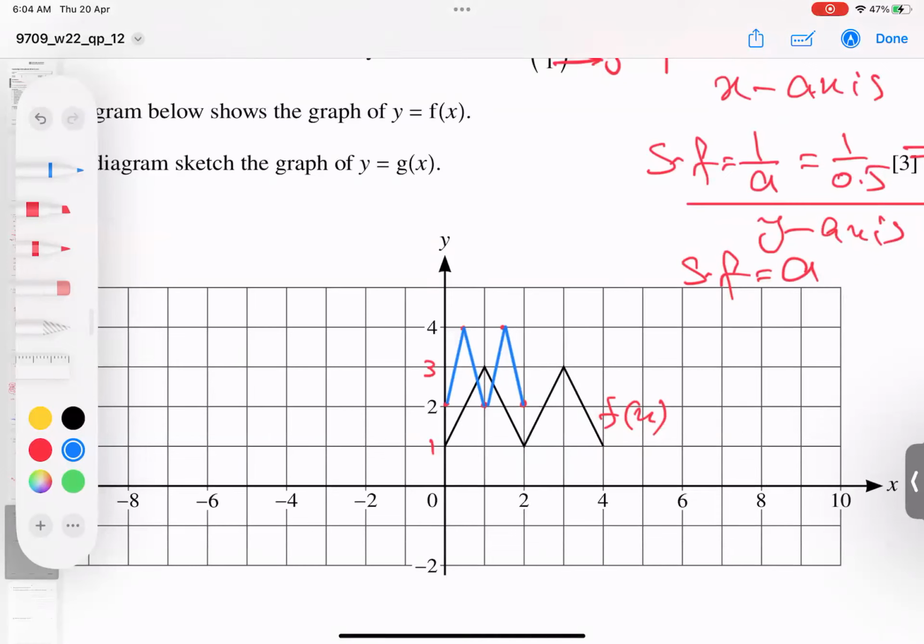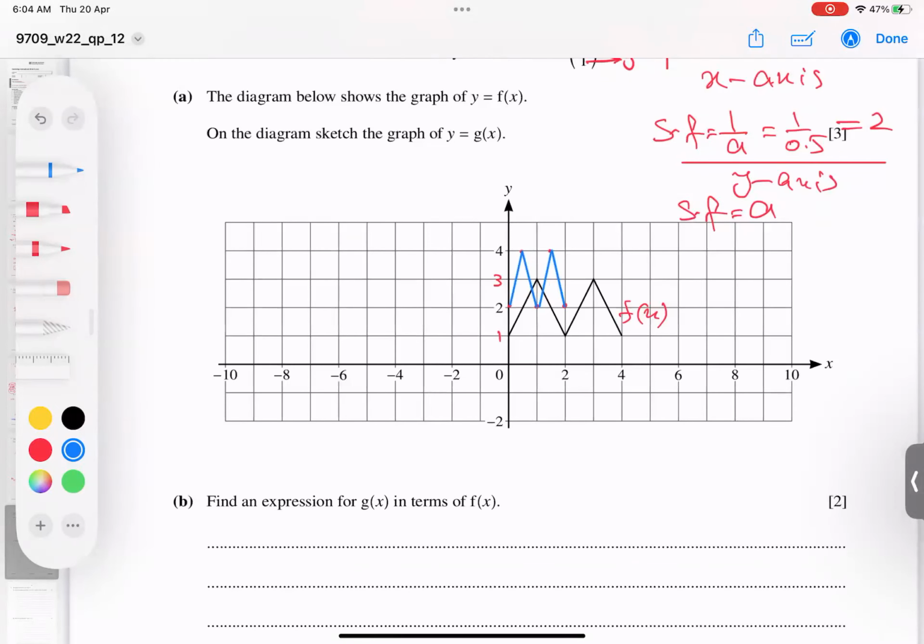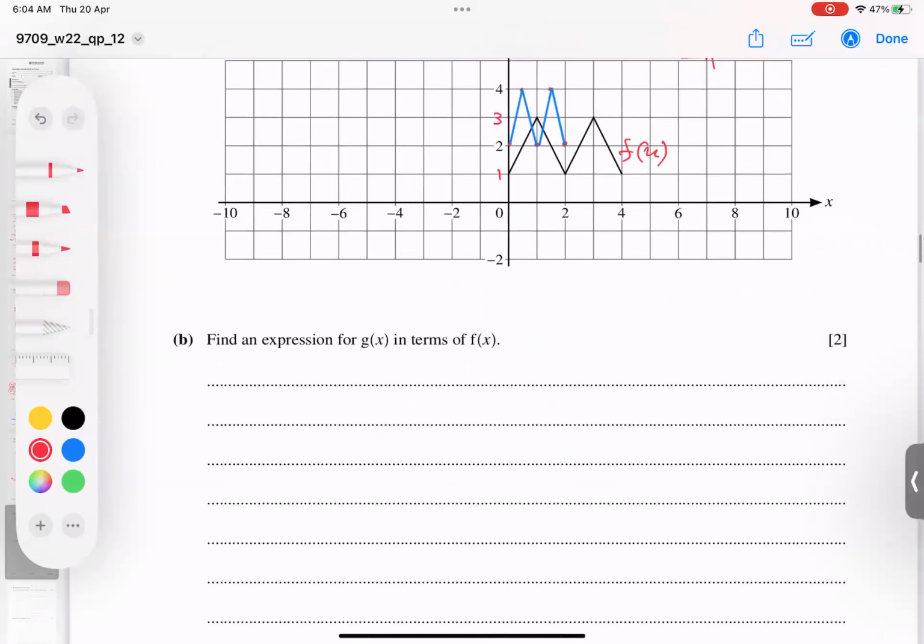Okay, now, how to write the expression? Make sure if the stretching is parallel to the y-axis, we multiply the scale factor outside. But if it is parallel to the x-axis, we keep 1 over a inside.